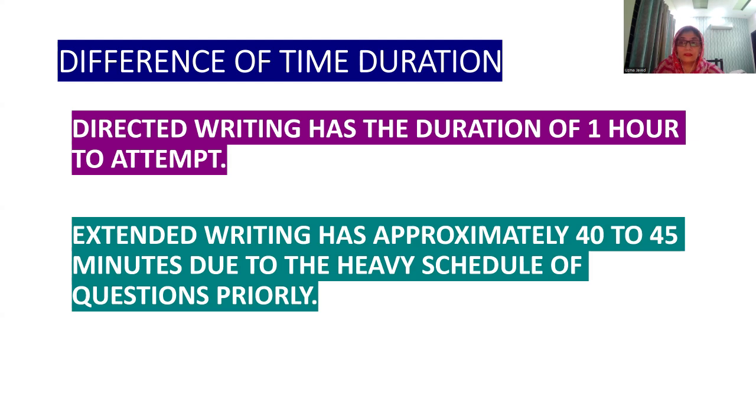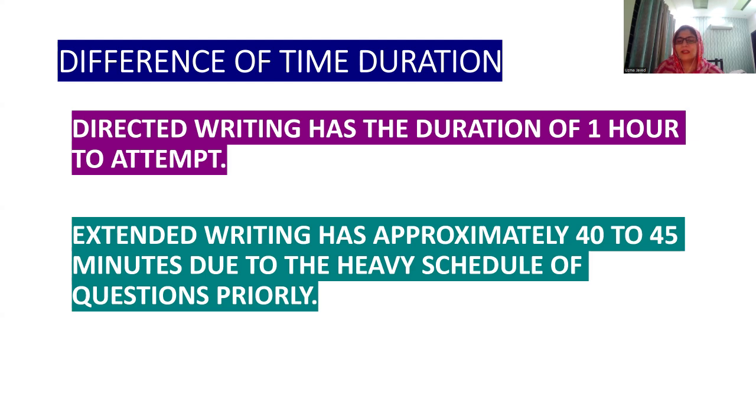As far as the extended writing question is concerned, here you have to manage time very, very precisely. While attempting extended writing in Paper 1, you will be able to spare around 40 to 45 minutes, and that too with great difficulty, because prior to extended writing there are three more questions which you have to attempt: Text A comprehension, basic questions, Text B summary writing, and then the language related questions of 2D and 2C.